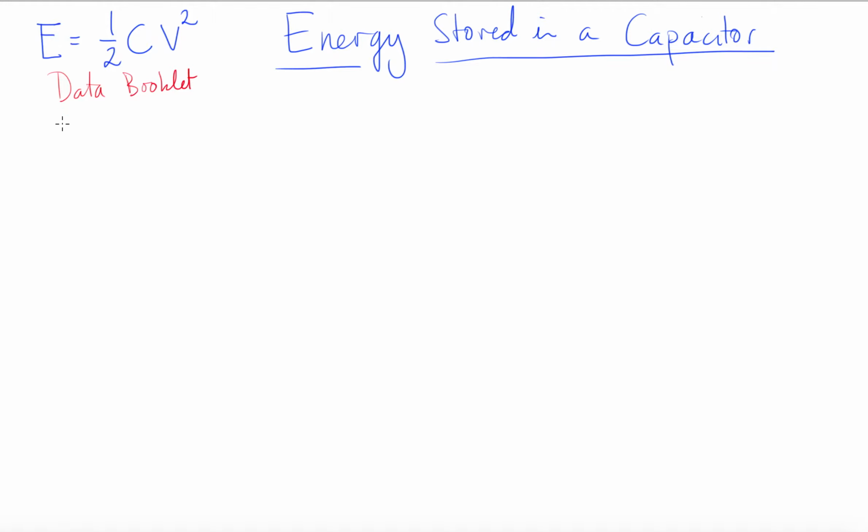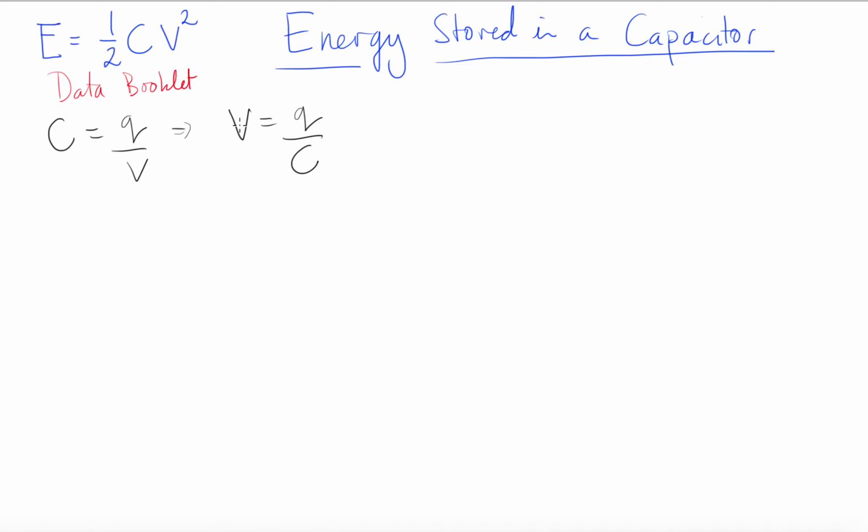with the definition of capacitance. So capacitance is charge per unit potential difference. Let's just rearrange this. So I get potential difference is equal to charge divided by capacitance.